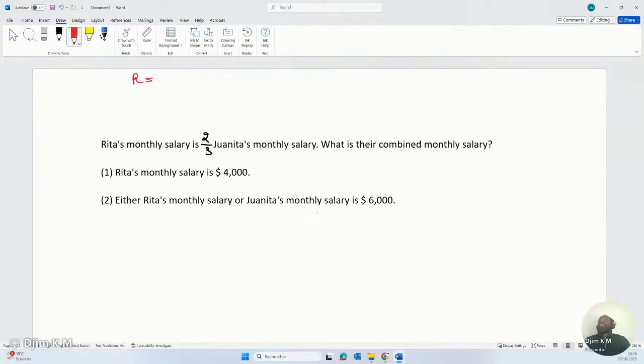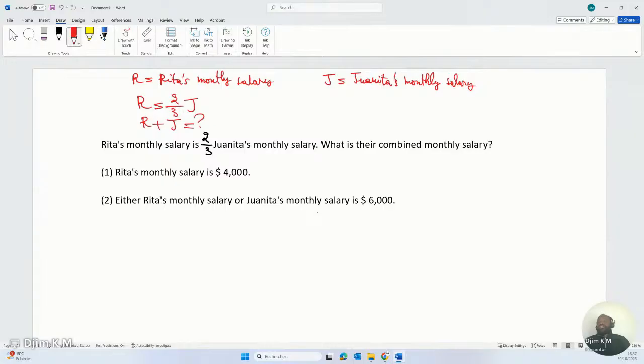So if I would say R is equal to Rita's monthly salary, and J is equal to Juanita's monthly salary, it says R is equal to 2/3 of J. What is the combined monthly salary? So they want us to find R plus J. How much is it?